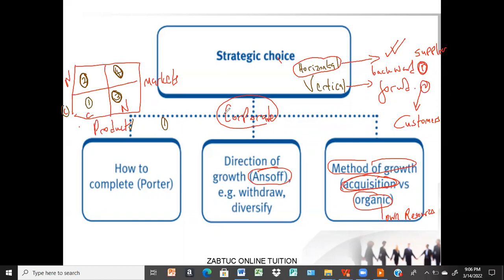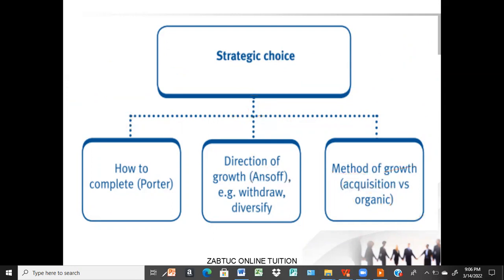Okay. So after we have identified all the various strategies, then you talk about selection and implementation. So let's talk about how we evaluate these strategies.